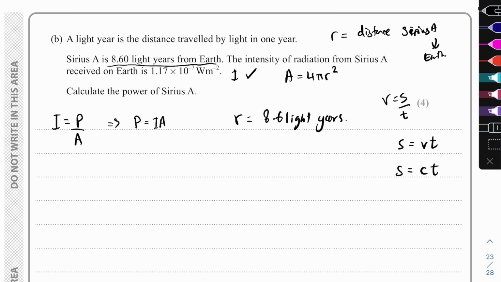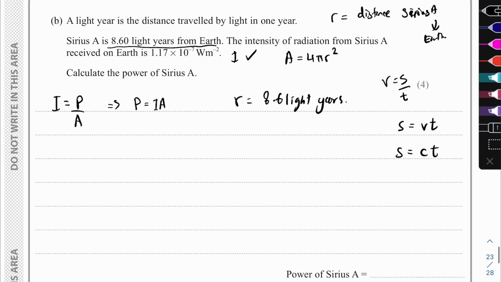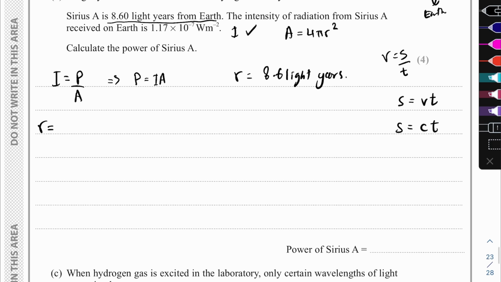So r is 8.6 light years, and that's the time. So to find the distance, that's c times t. c is 3 times 10 to the power 8. That's c done.